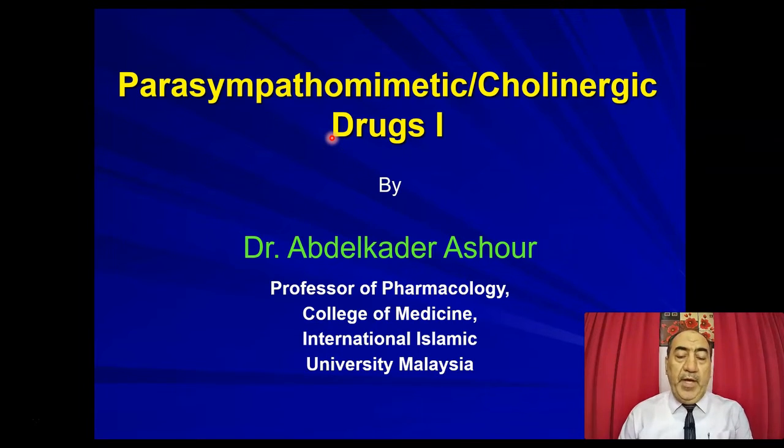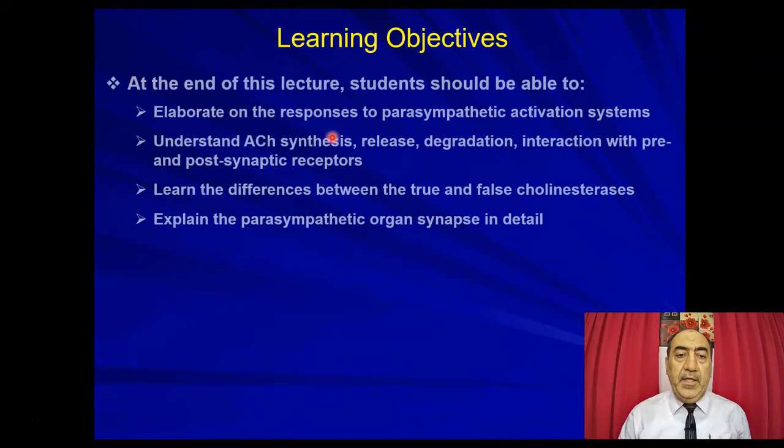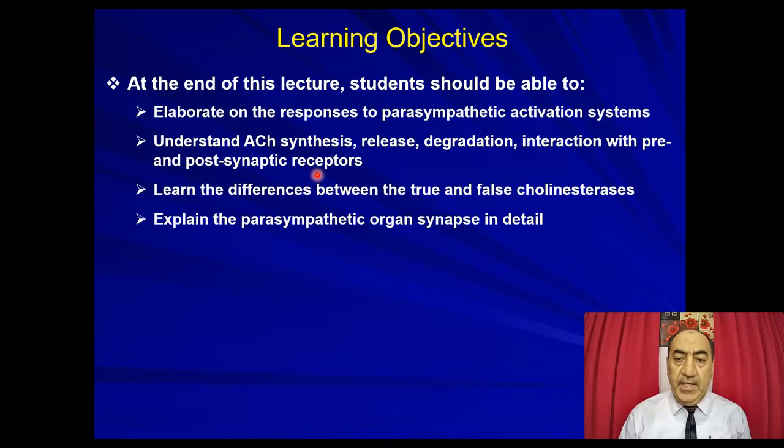We will discuss the responses to parasympathetic activation. We try to understand acetylcholine synthesis, release, degradation, interaction with pre and post synaptic receptors, and talk about the difference between true and false cholinesterases, and then finally explain the parasympathetic organ synapse.